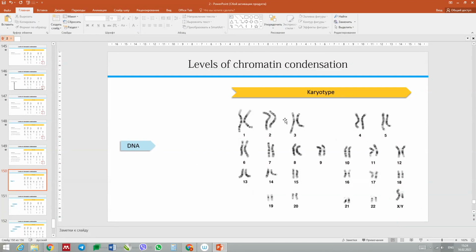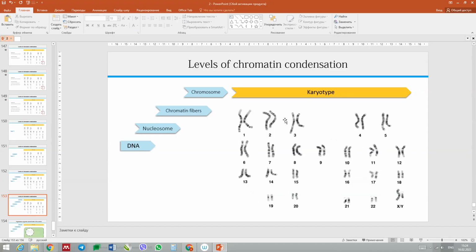In a simplified way, we can represent such levels of chromatin condensation. Once again, starting from DNA, then coming up to nucleosome, then chromatin fibers, then chromosomes, and all chromosomes in a cell together are called the karyotype. Genotype is a concept that describes all genes together.